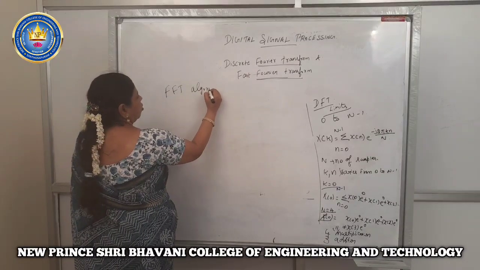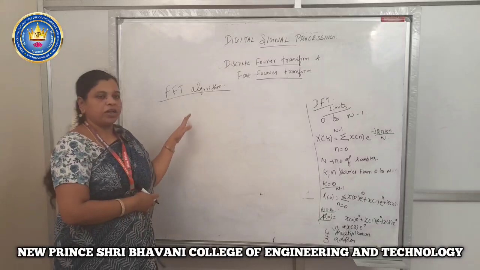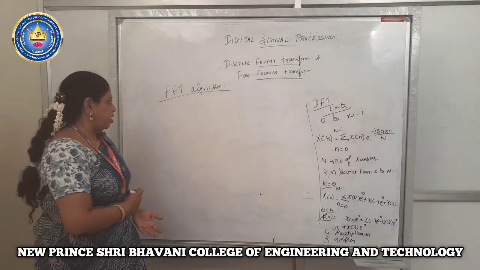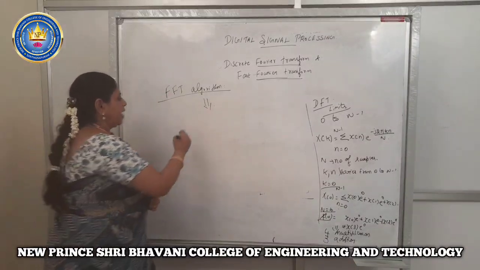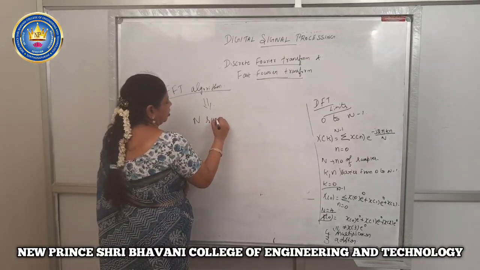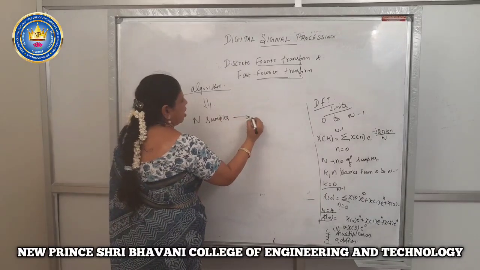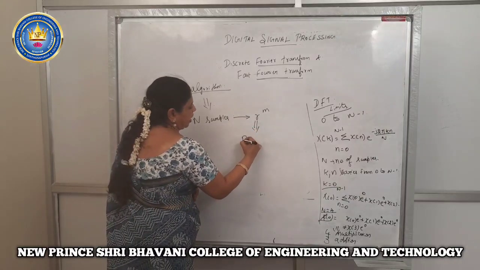So, FFT algorithm is the one in which I am going to reduce the number of computations by adapting the algorithm. The concept in FFT algorithm is that, given any N samples, the first thing is that I have to express it as r power m, where r stands for the radix.